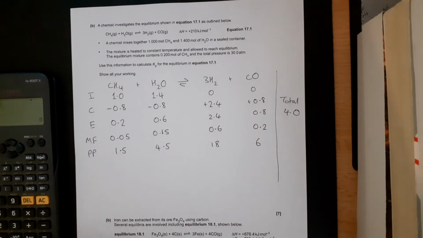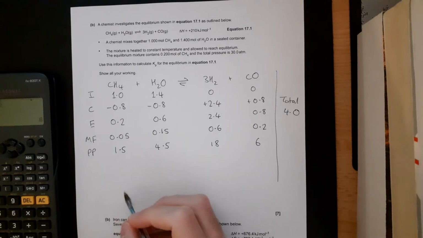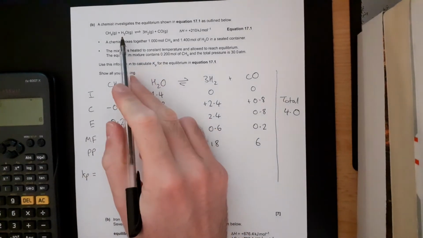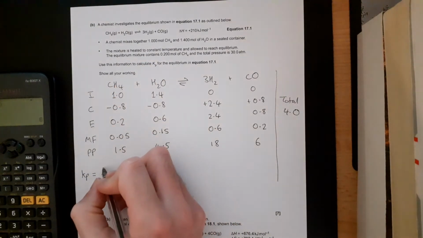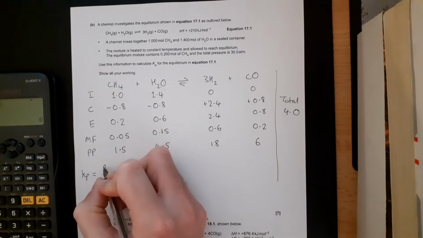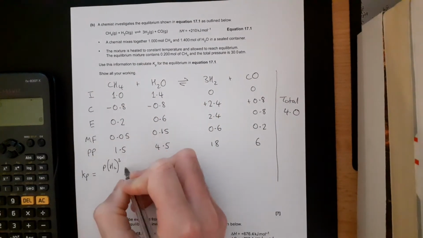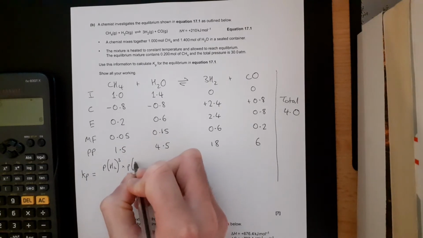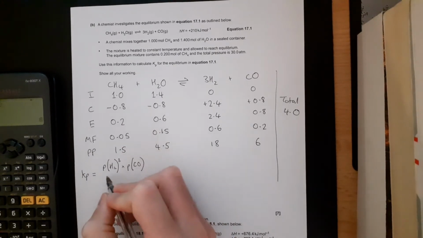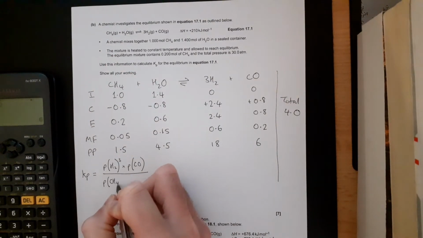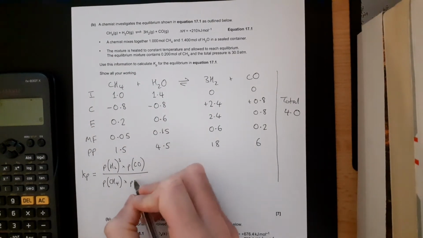Now we need to then actually calculate the value of Kp. So we're going to need to write the expression for Kp first. So Kp is going to be, remember, it's always products over reactants. So we've got the partial pressure of H2 cubed times the partial pressure of CO. And we're going to divide that by the partial pressure of CH4 times the partial pressure of H2O.